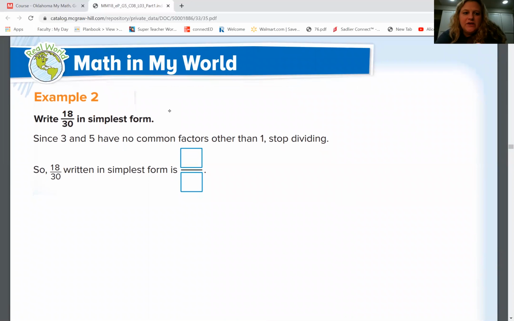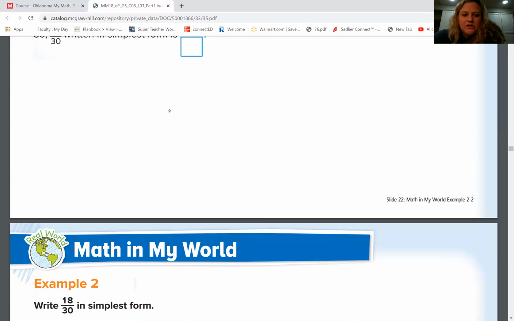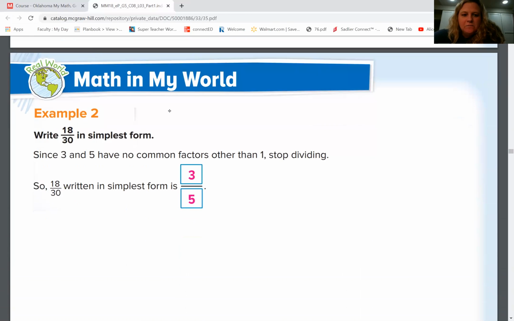Now, once you get to 3/5, they don't have any common factors other than 1, so you're done. So 18 over 30 written in simplest form is not 9/15, it's 3/5. And they've given you an opportunity to write that right here.